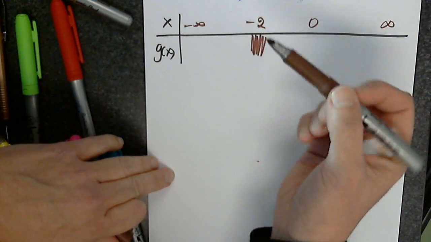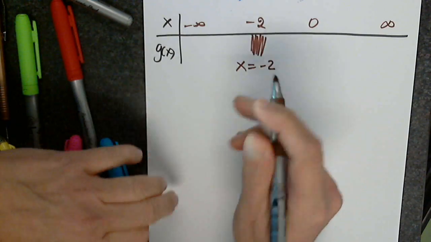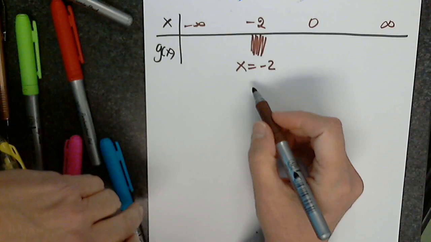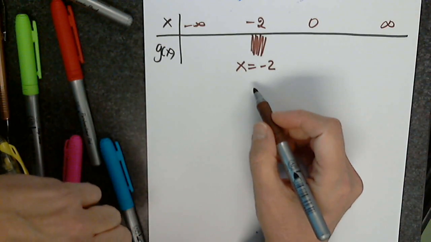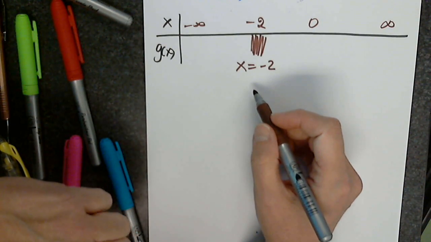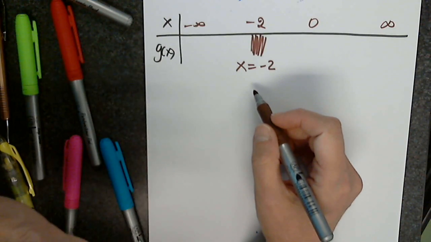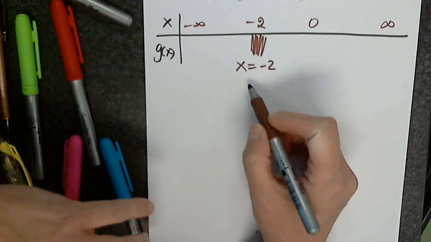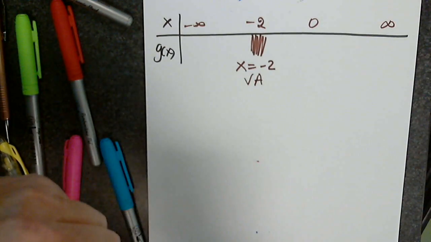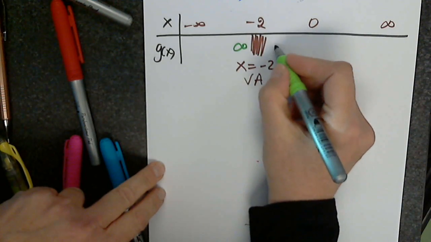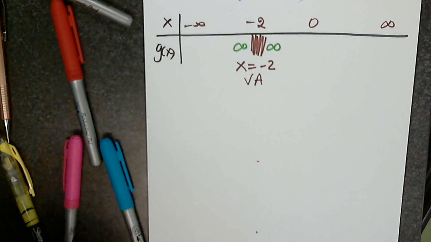That factor doesn't go away. I know exactly that x equals -2 must be, say it again, must be, x equals -2 is a vertical asymptote. Perfect. Once I say that it's a vertical asymptote, I know left and right I have to have infinities.